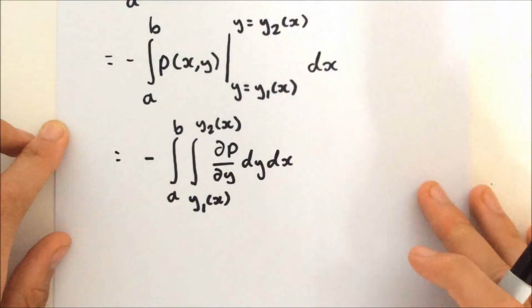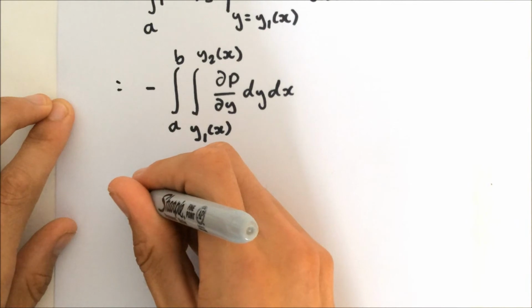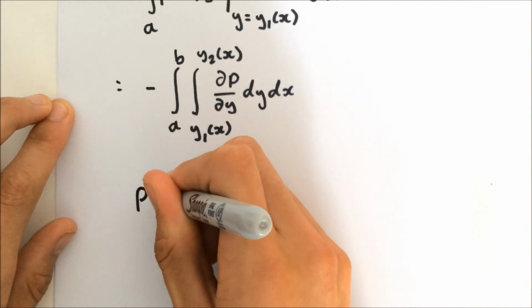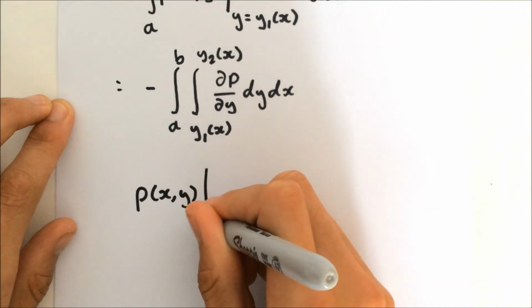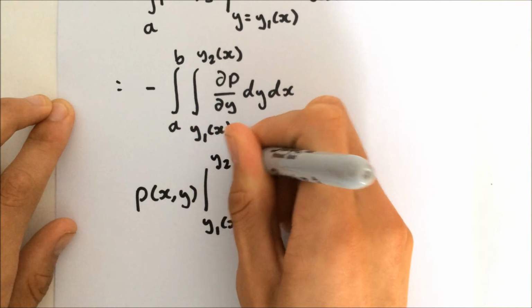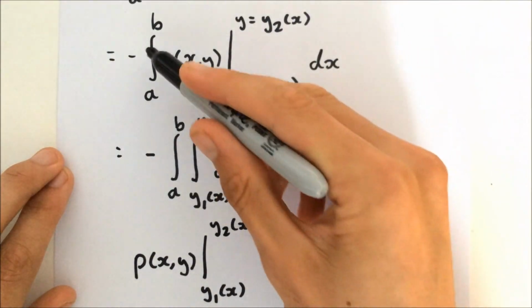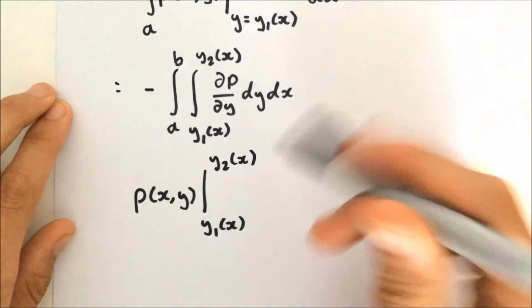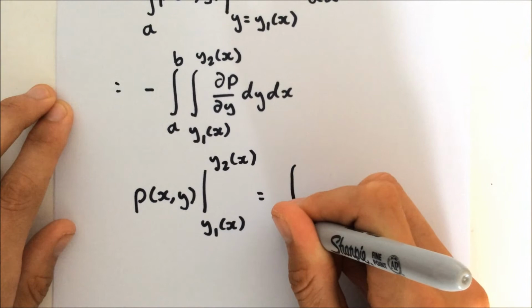And we can write it like this as well. We have p of xy evaluated at y1 of x and y2 of x. Okay, if we get rid of the integrals between a and b, we can simply have it in this form.